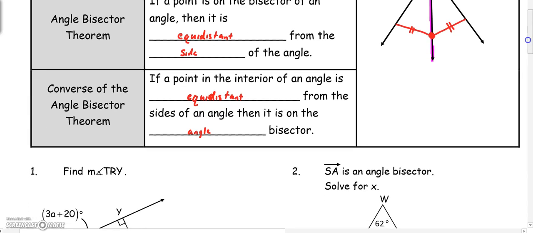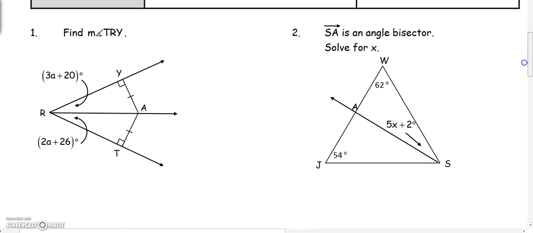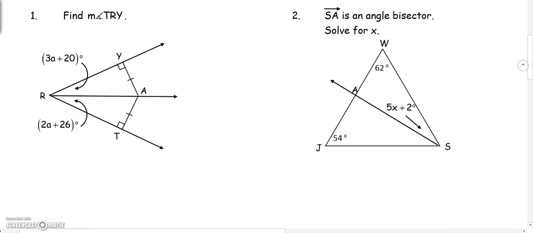So let's use these theorems to solve for a variable. In number 1, we want to find the measure of angle TRY. We see that these two segments are marked congruent, which means that A is a point that's equidistant from the sides, so AR is an angle bisector.